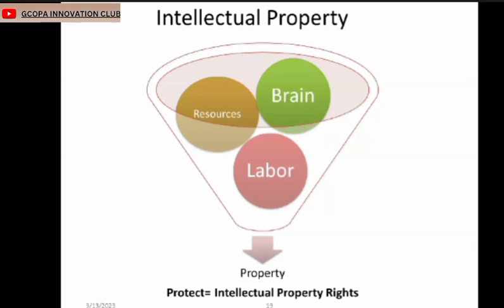This needs to be supported with further resources like time, energy, efficiency, labor, and information, so that you can work on it and the final form can be achieved. Based on the characteristics of the final output, you can register it under a particular head of IP. So eventually, you get intellectual property rights.